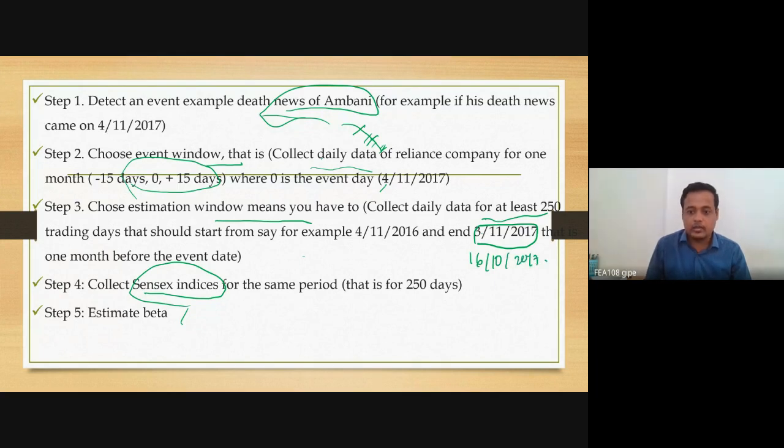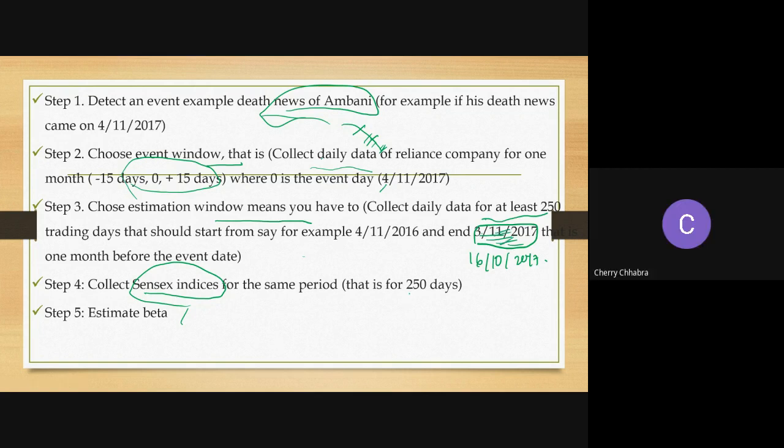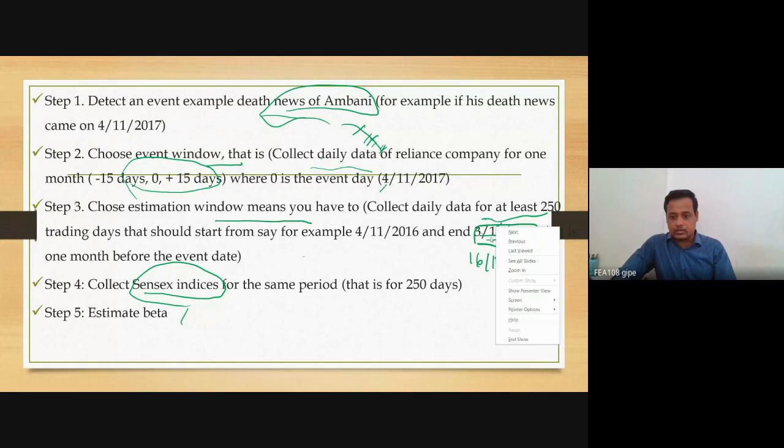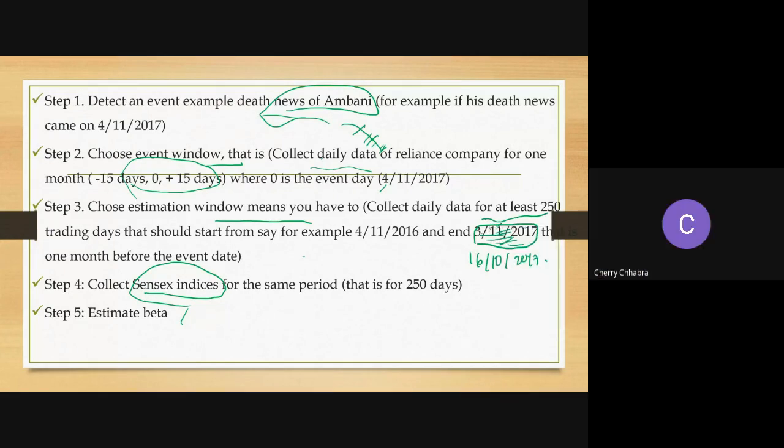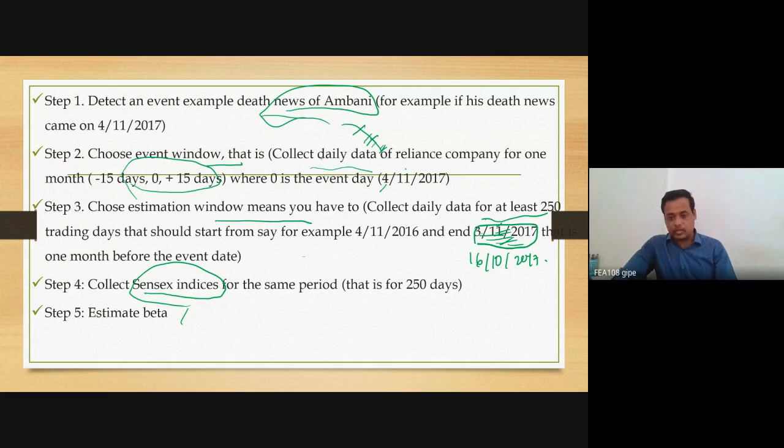It was a typing error. Because we got the news on 4th November 2017, but our estimation window will start from 16th October. Just 15 days is our window. Just go back 15 trading days from the event.